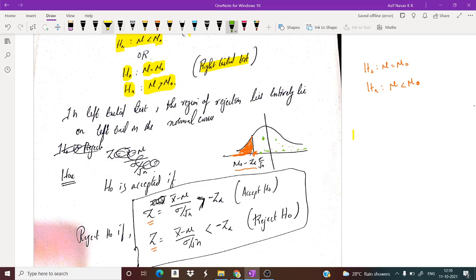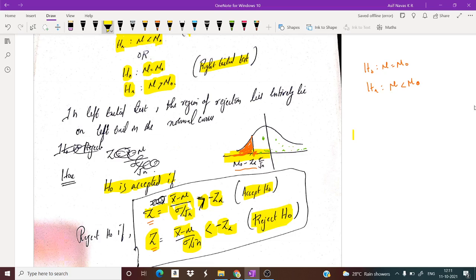So you know that in left test, accept h naught if z bar minus mu by sigma by root n is greater than minus z alpha. That means this is negative, right? In the left side it's negative. And if z equal to x bar minus mu by sigma by root n is less than minus z alpha, then we will reject h naught.